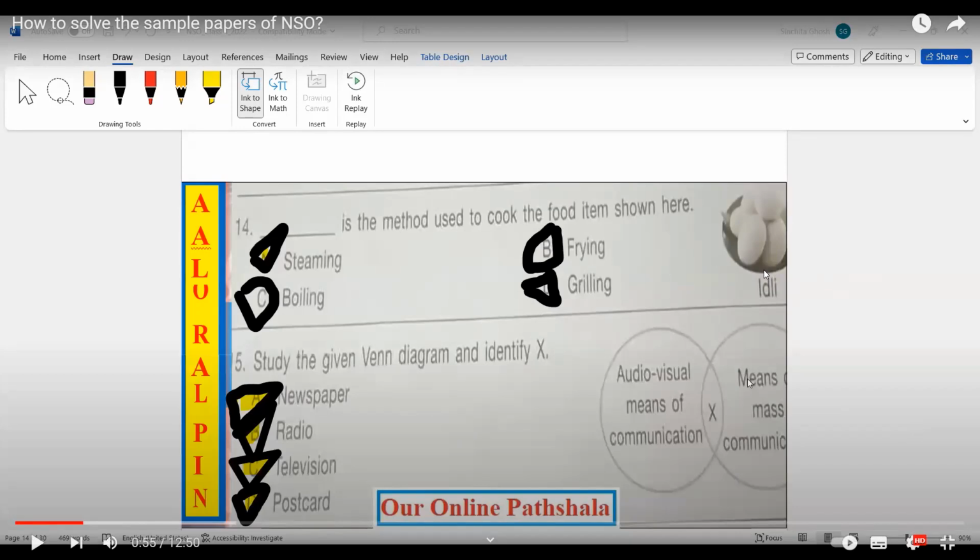But in case of idli, we keep the mixture of idli in the idli container and cover it up and allow the fire to steam the idli. We use the steam to cook the idli. That is the vapor that comes out from that fire that helps the idli to cook, but we don't actually use the fire to boil it.